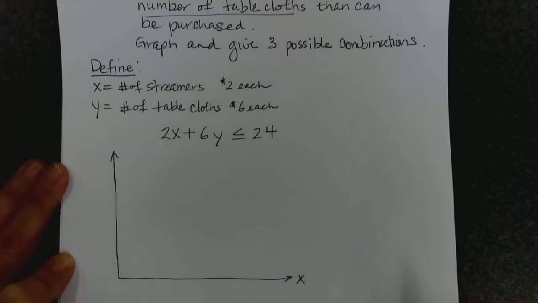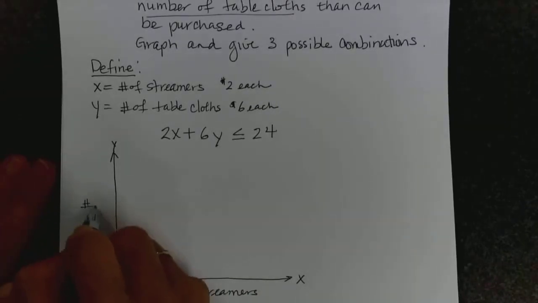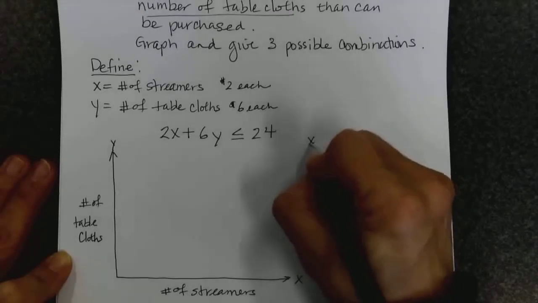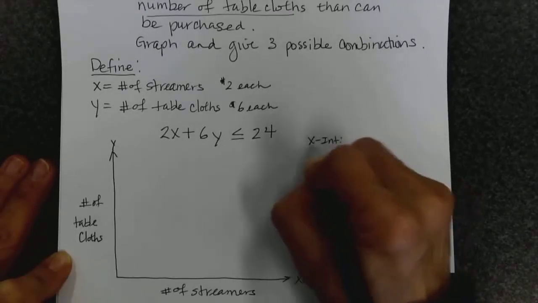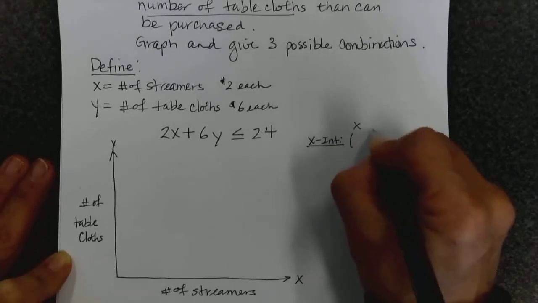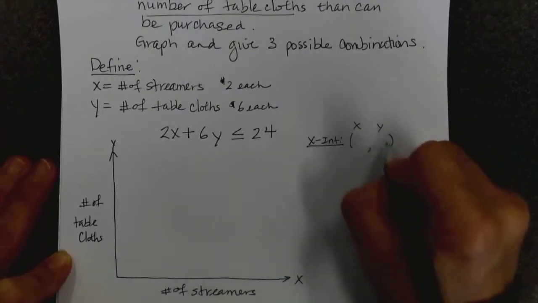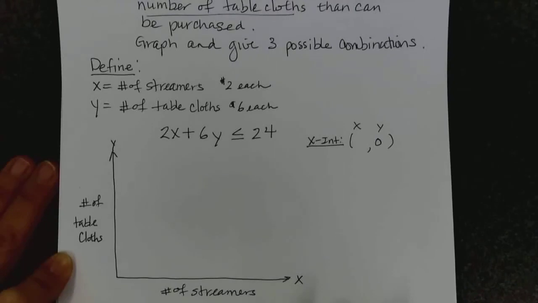So here's my x-axis and here's my y-axis. This represents the number of streamers, and this represents the number of tablecloths. So, to find the x-intercept, remember, in the x-intercept, y is always 0. So we're going to set y equal to 0.